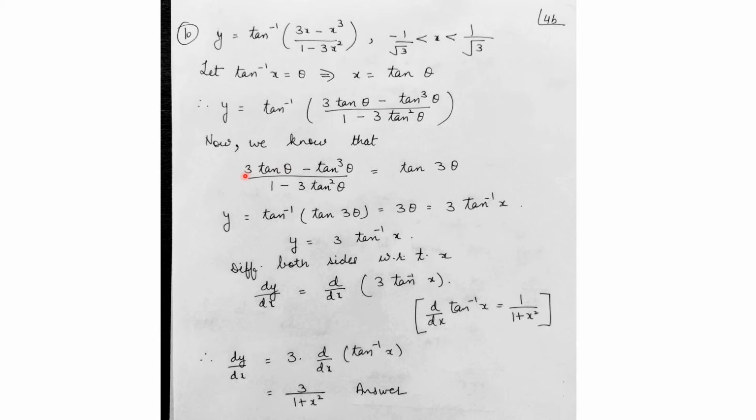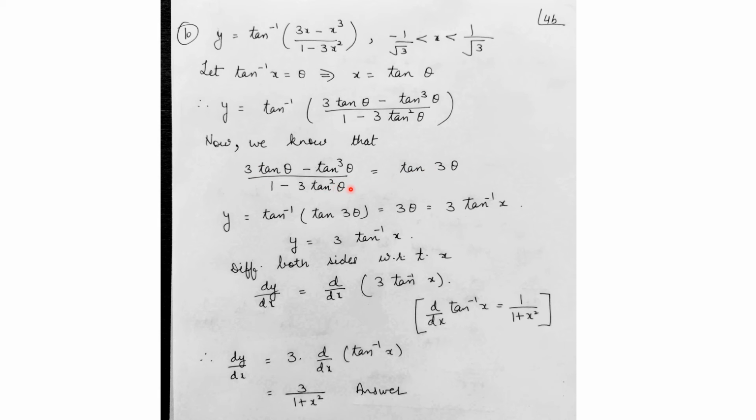Now we know that 3 tan theta minus tan cube theta upon 1 minus 3 tan square theta is equal to tan 3 theta. Now you have to memorize this whole formula, only then you can go ahead with the questions.